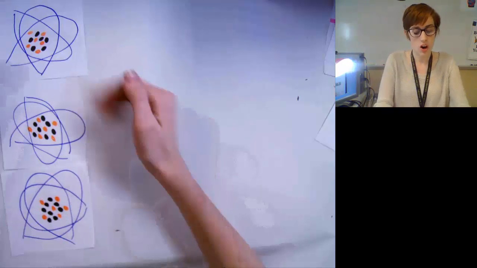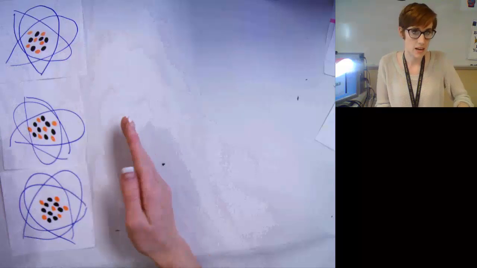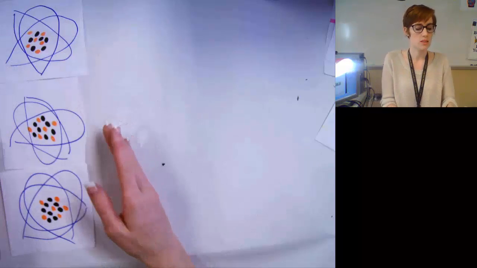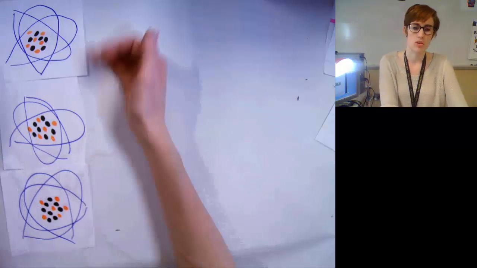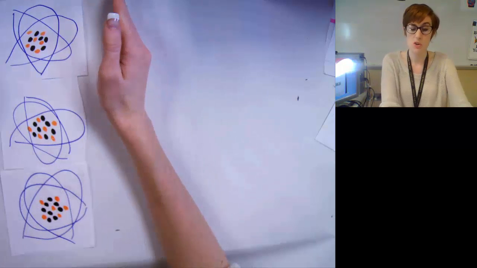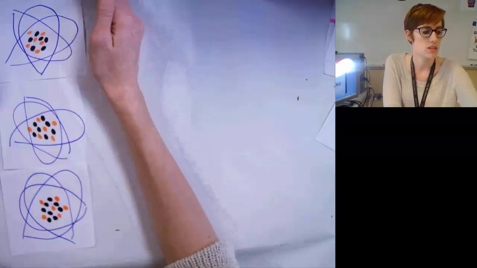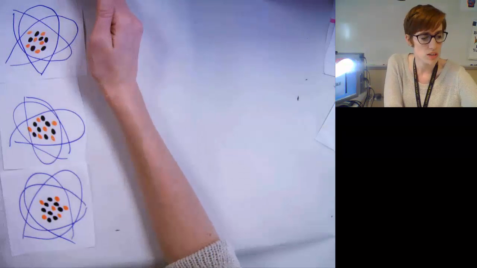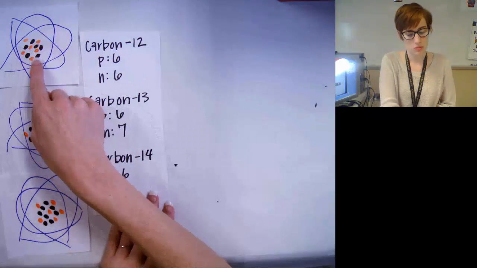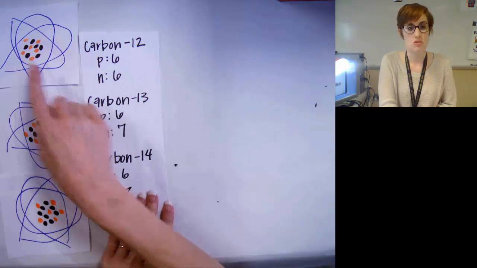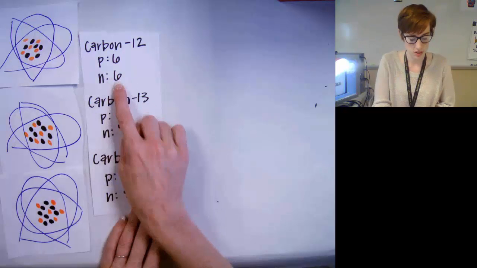Now, these are not all the exact same type of carbon atom because there is something else that is changing. I took off the electrons because we're not going to focus on electrons right now, but I want you to focus on the number of neutrons, because the number of neutrons for each of these is slightly different. This atom has 6 neutrons. Neutrons are the black dots, so I just wrote 6 here.